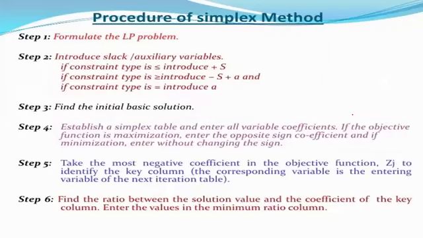So the procedure for the simplex method is, as we have discussed earlier: formulate the linear programming problem, then introduce the slack variables, then find the initial basic solution, then establish a simplex table, take the most negative coefficient of the objective function Zj to identify the key column, and then find the ratio between the solution value and the coefficient of the key column.